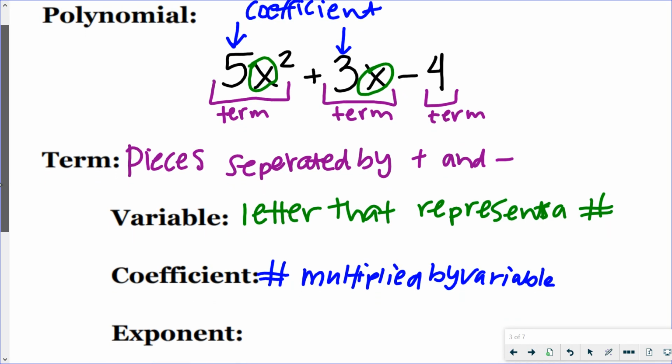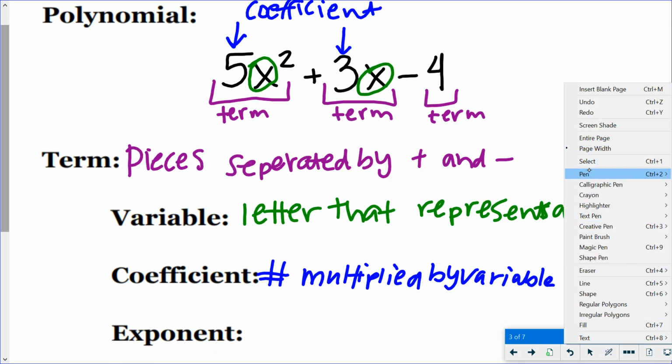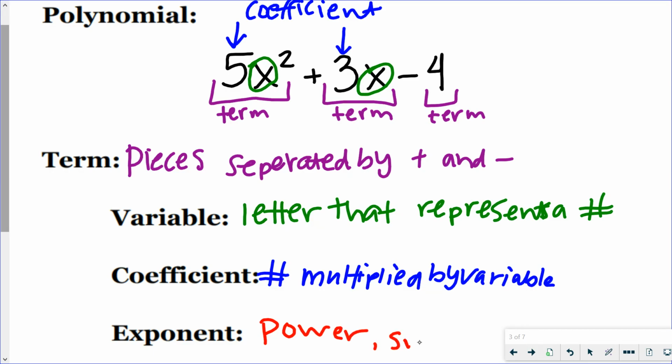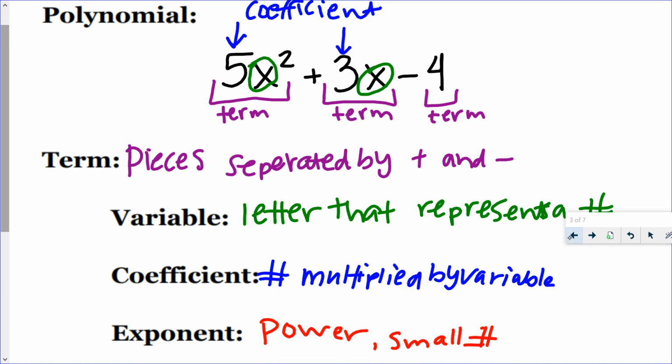The next piece we have is the exponent. We've talked about exponents before, maybe a little bit. Exponents refer to the power, so another word for exponent is the power. It's the small number that multiplies the variable.